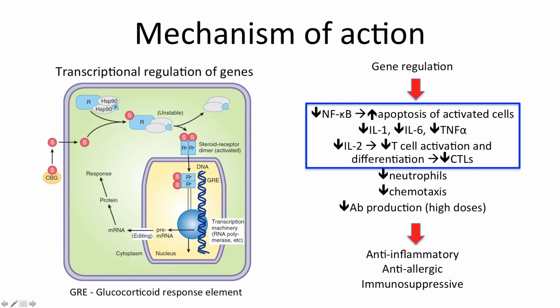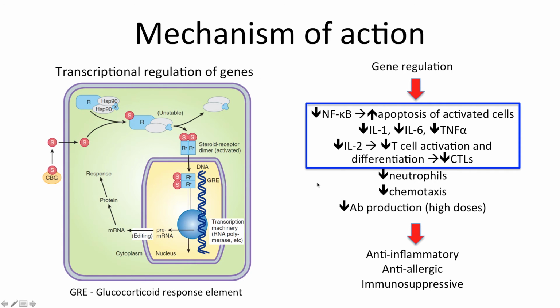In addition, the downregulation of NF-kappa B also reduces the production of interleukin-2 and therefore reduces the activation and differentiation of T cells, which leads to the inability of T cells to become effector cells, for example, the cytotoxic CD8 T cells or CTLs.